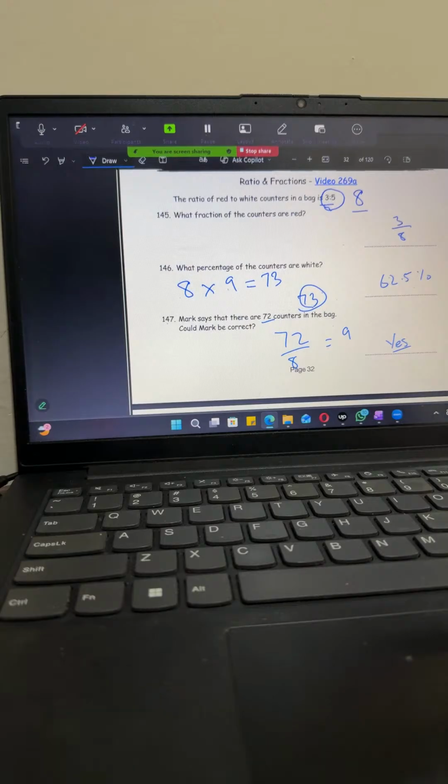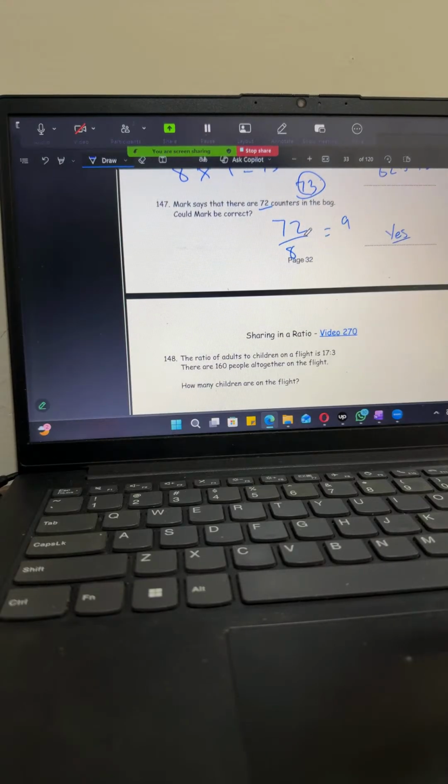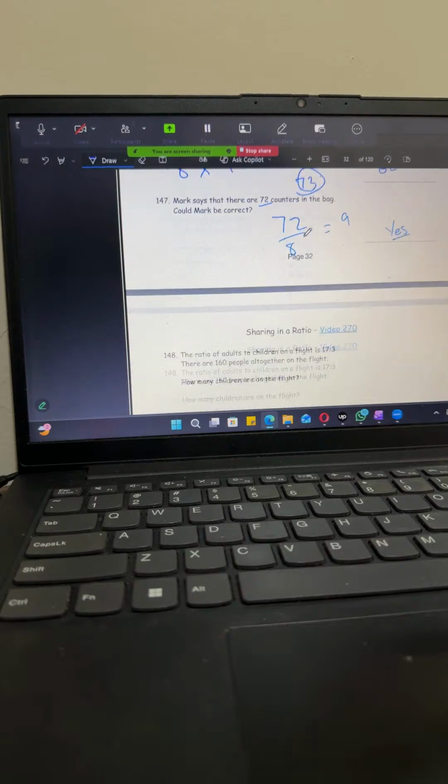You can try it yourself, you will get the answer in the form of decimals. So there always has to be a number which is a multiple of the parts. Is that clear? Can we move ahead? Yes, it's clear.